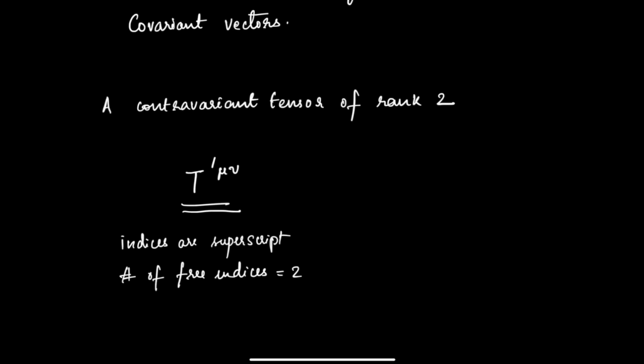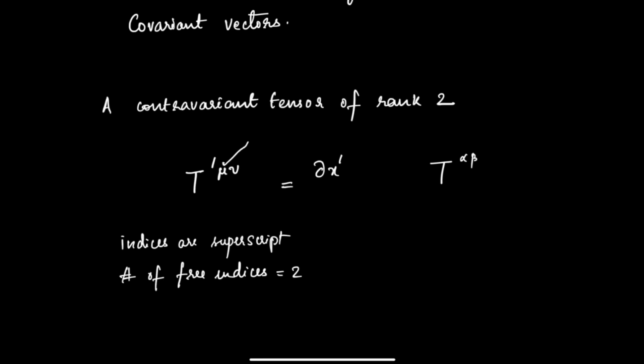Now, what is the transformation rule for a contravariant tensor of rank 2? For example, this tensor T prime mu nu is transformed into another coordinate system, then let it be T alpha beta. Then how does T prime mu nu transform into T alpha beta and vice versa? How do I write? It is a contravariant tensor. Therefore, the primed quantity should be in the numerator. So partial derivative of x prime. So first index is mu, right?